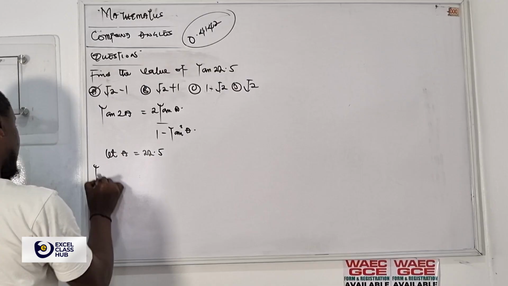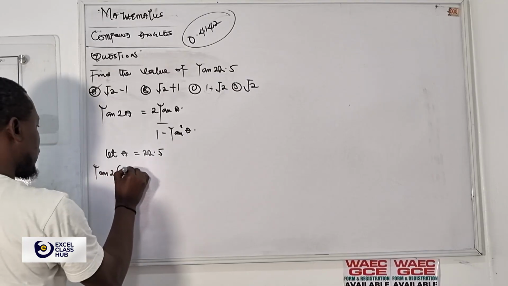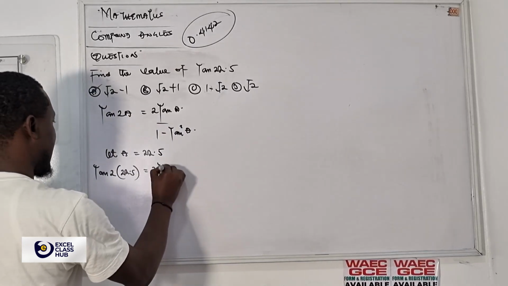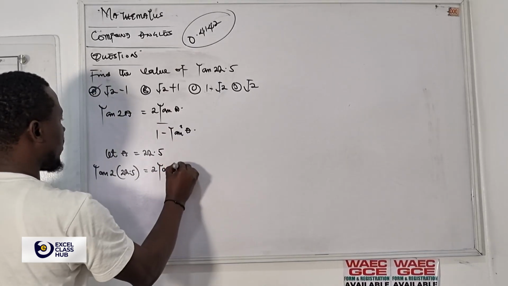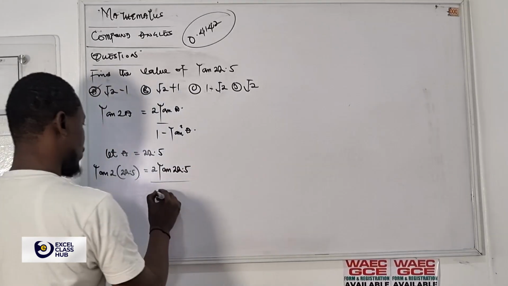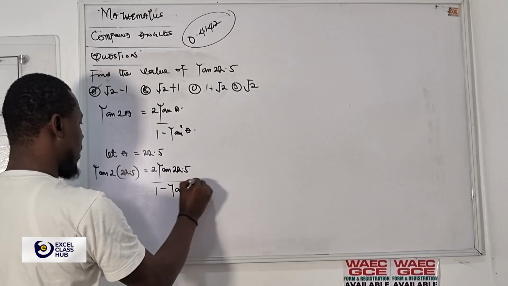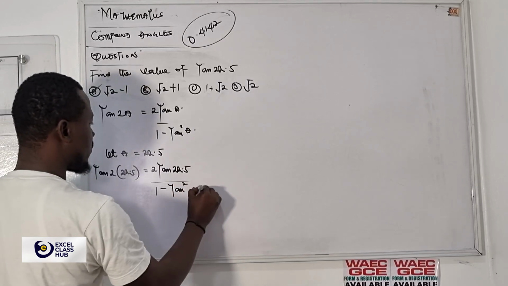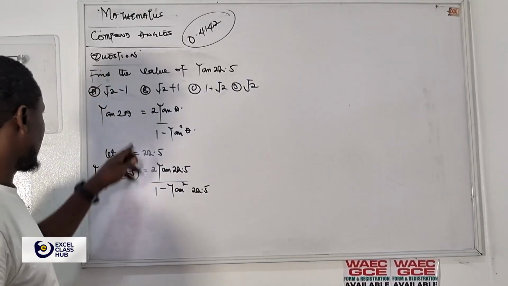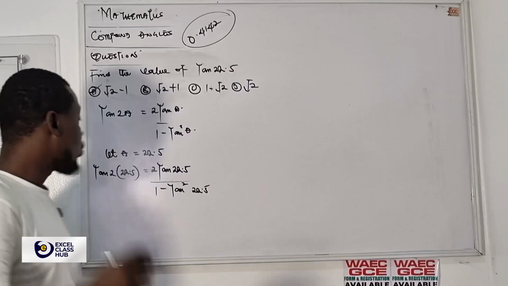So tan 2 times 22.5 equals 2 tan 22.5 over 1 minus tan squared 22.5. I believe you understand the way I change this A back to 22.5.